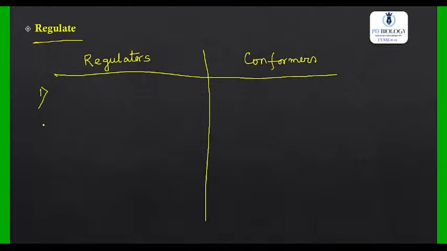So we can write, they show homeostasis, but the conformers, very little homeostasis.